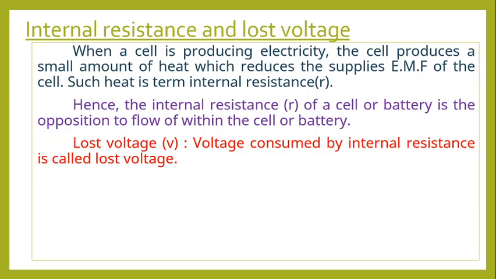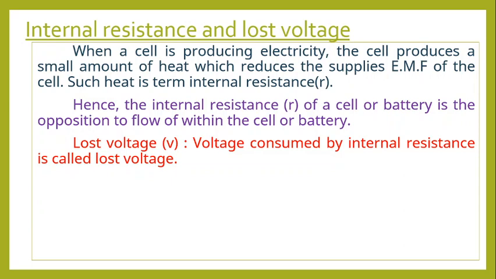Now, because that internal resistance is taking part of the voltage, the voltage it has consumed is what we refer to as lost voltage. The voltage consumed by internal resistance in the form of heat energy is lost voltage. And why we call it lost voltage is that the cell or battery is not designed to convert chemical energy to heat energy.